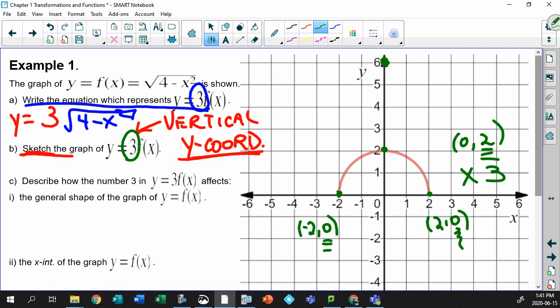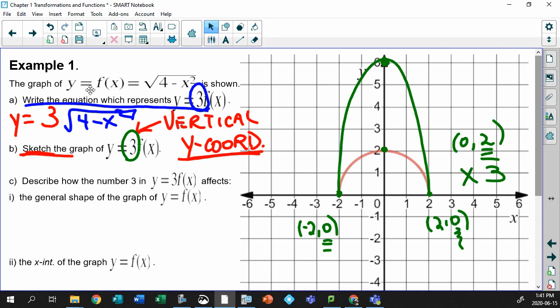So what does this new graph look like? This new graph is going to be stretched to look like this. It's no longer a pretty semicircle. It's actually stretched vertically by a factor of 3. Part C says, describe how the number 3 in this affects it.